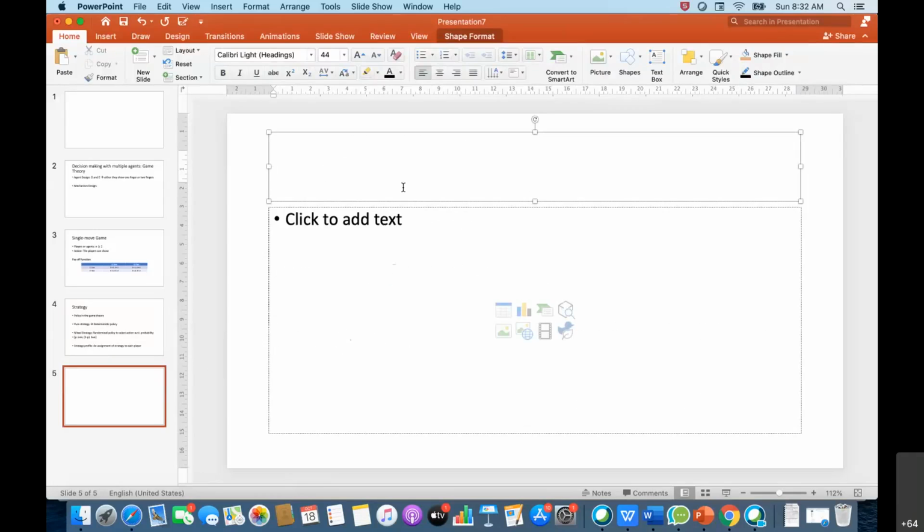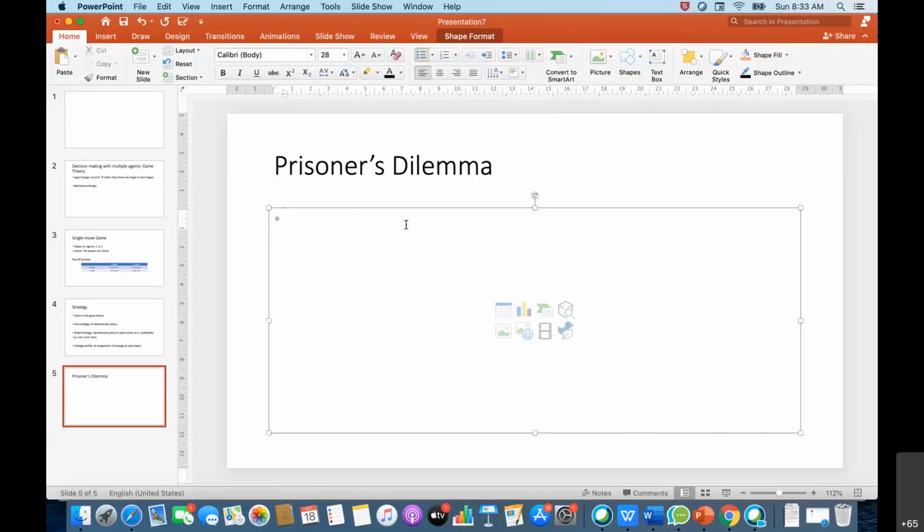Now we are coming to a very popular game of game theory, to begin the concepts of game theory, and that is called the Prisoner's Dilemma.